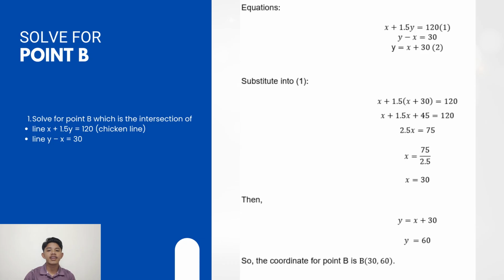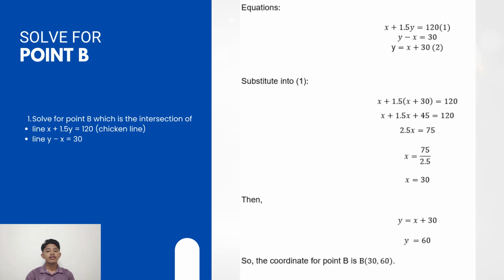So we expand the bracket, and we got x plus 1.5x plus 45 equal to 120. So we add up the x and also minus 45 from each side, and we got 2.5x equal to 75. Then we divide both sides by 2.5, and we got the value of x, which is 30.